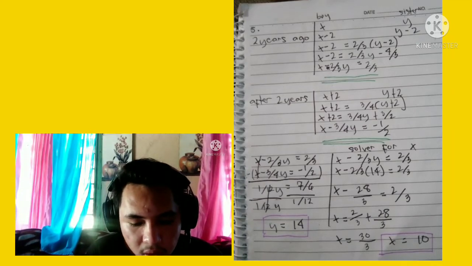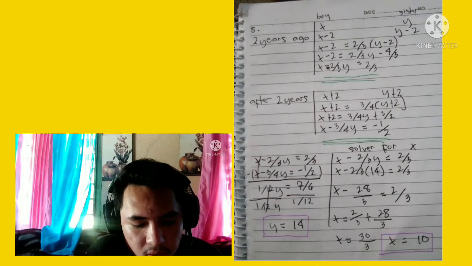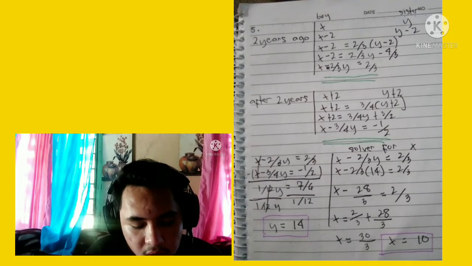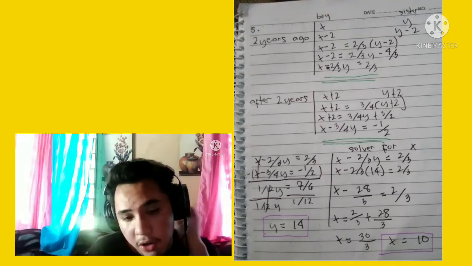So to solve for our y again, we can use the elimination method. So we're going to change the sign of our second equation so that we can eliminate our x.